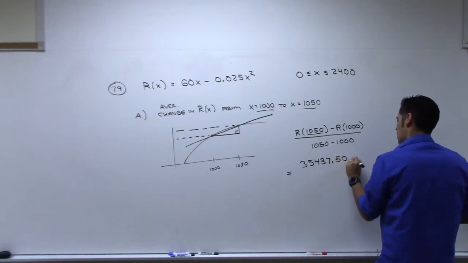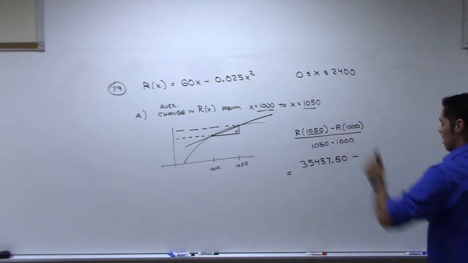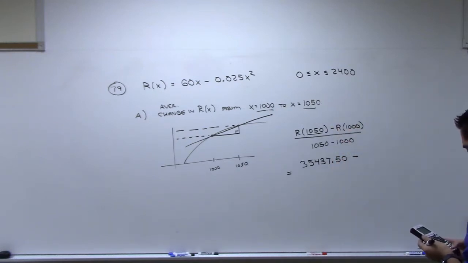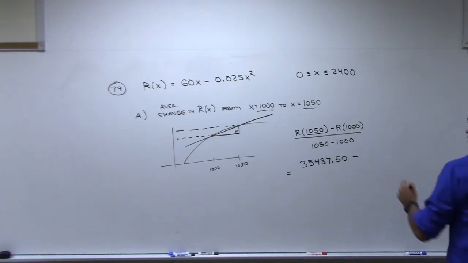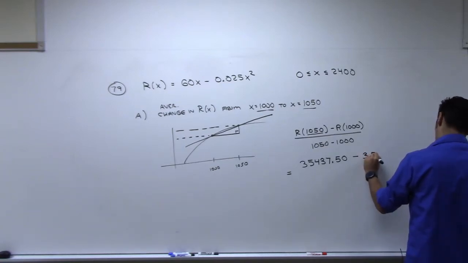35,437.50 minus, now we plug 1,000 into that. So 60 times 1,000 minus 0.025 times 1,000 squared, and you should get 35,000.